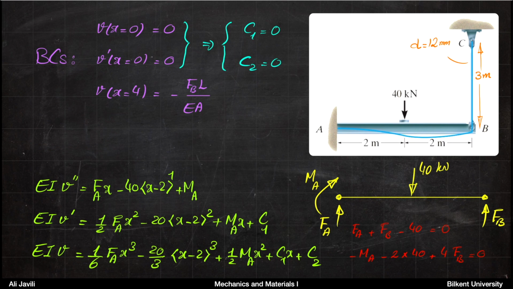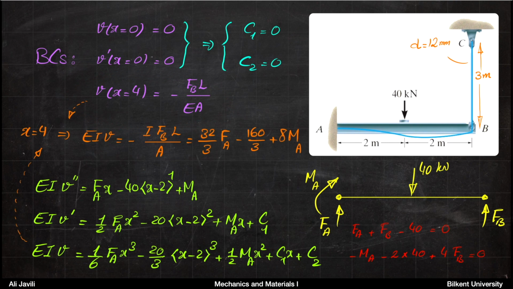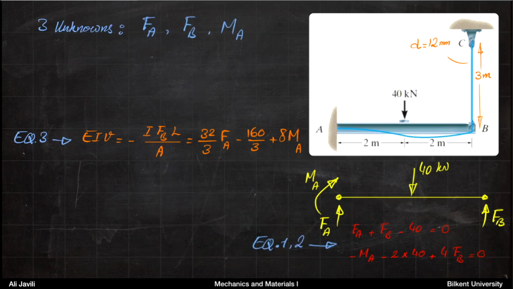Now from the first two constraints, as I mentioned, C1 and C2 would be 0. And what we want to do next is to use this constraint. In order to do that, all you have to do is take your deflection equation and insert x equals 4, which you get this, and then equate that to your rod deformation.